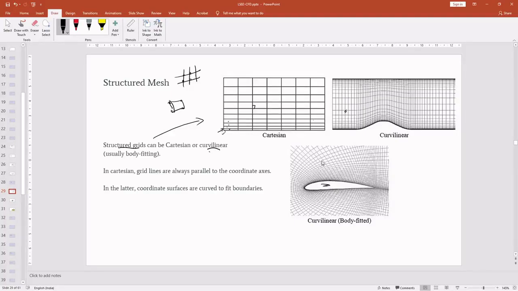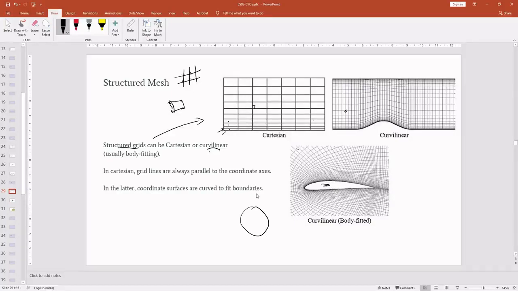This mesh will be following a polar coordinate system or something like that. Here you can see the elements are still orthogonal. Or suppose we are considering fully developed flow through a circular cross-section pipe.